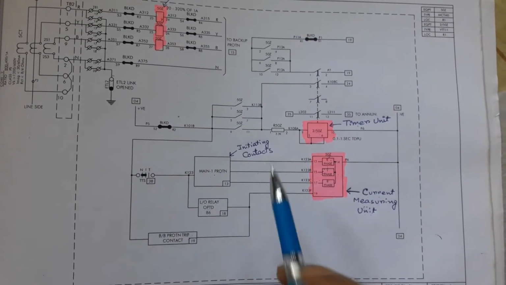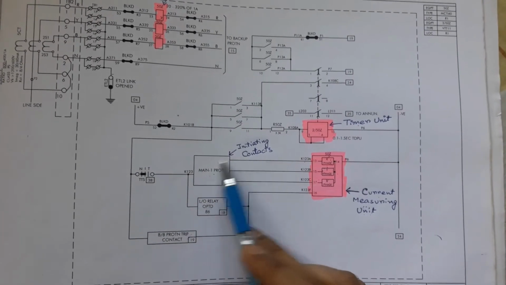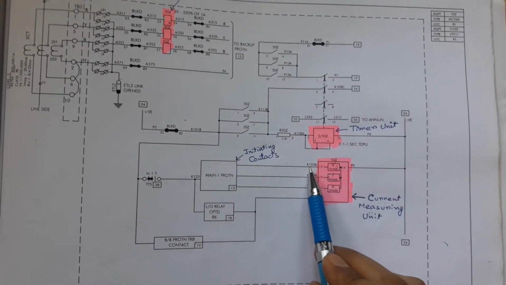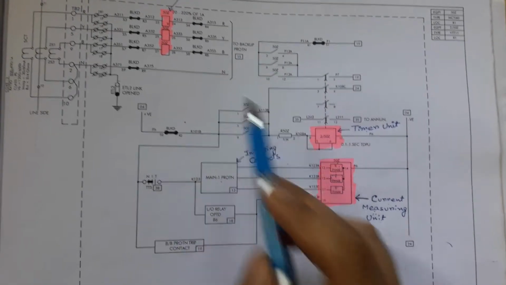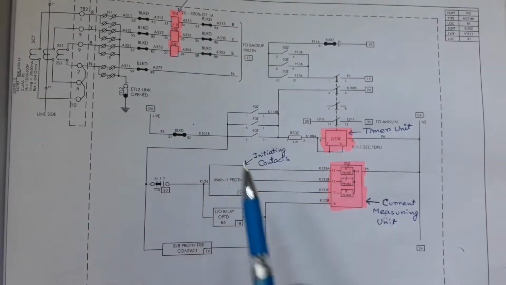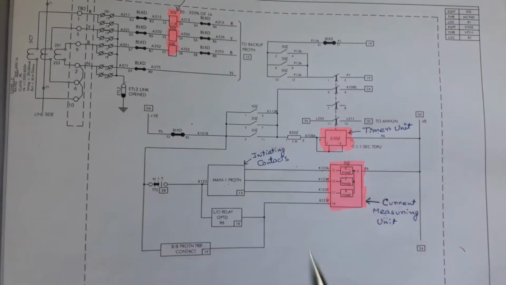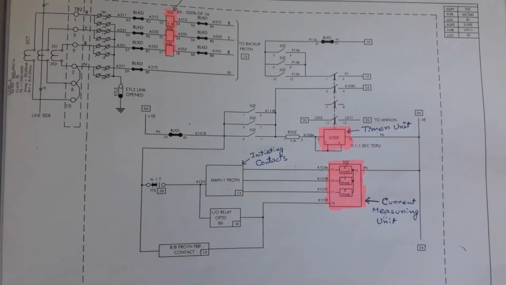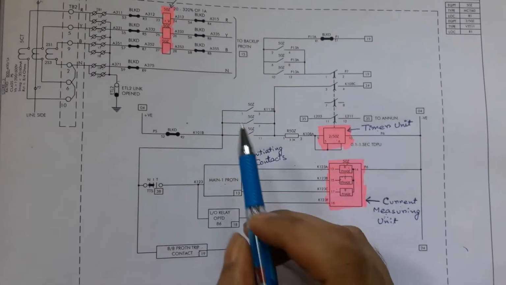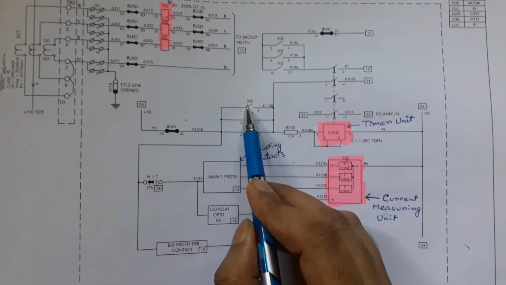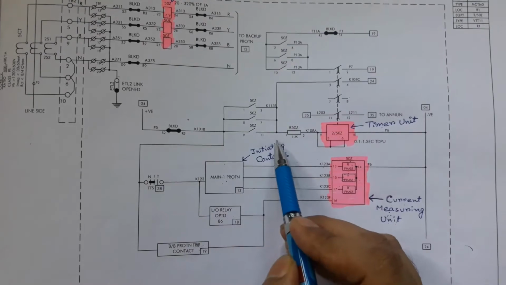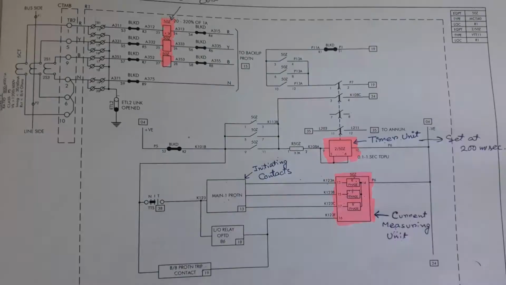On getting the initiating pulse from single phase 86, this current measuring unit of LBB protection starts monitoring current in the primary circuit, and if current in the primary circuit is greater than a set value, then this contact of 50Z will make, and this will start this timer.